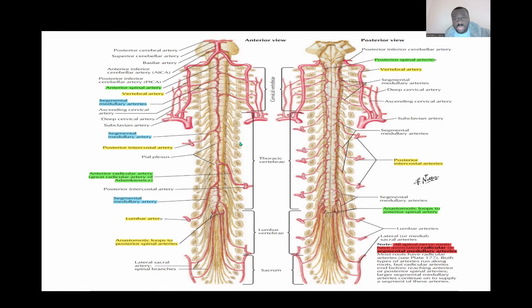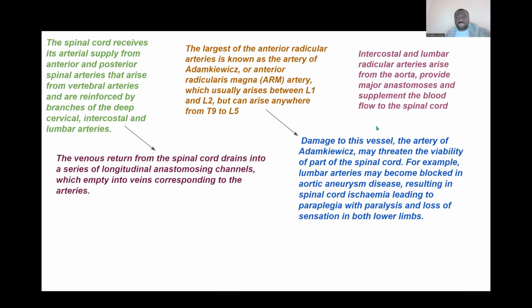So let's move to the next slide. On this next slide, we can see a few pieces of information I've extracted from the Atlas of Human Anatomy by Frank Netter, and some of this other information is extracted from the internet.